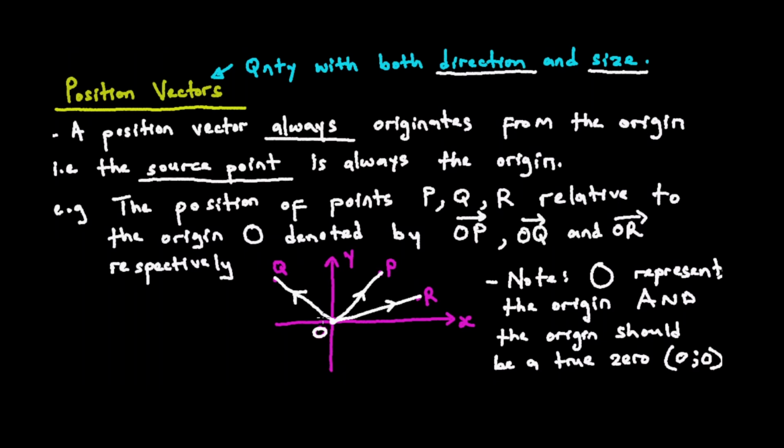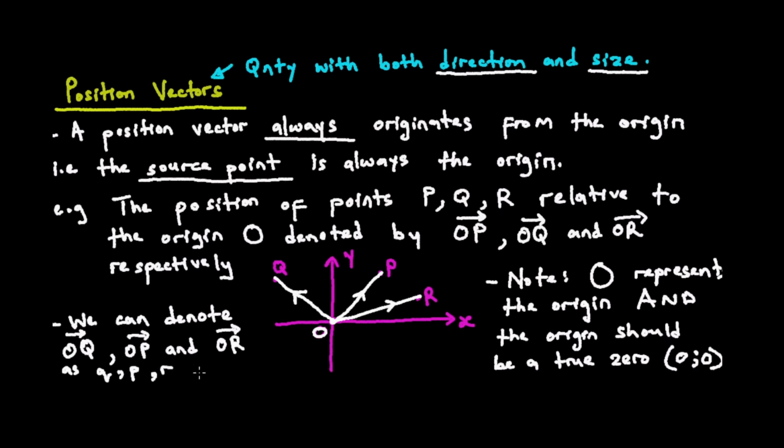The other thing we want to add, let me write it here. We can denote OQ, OP, and OR as Q, P, R respectively.